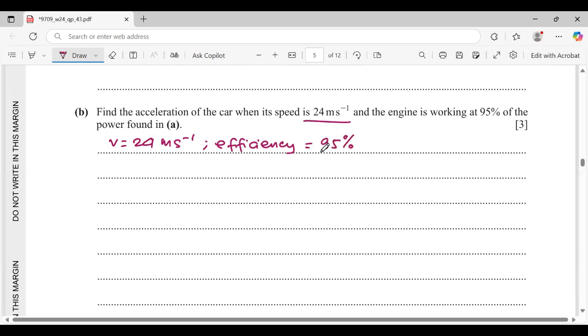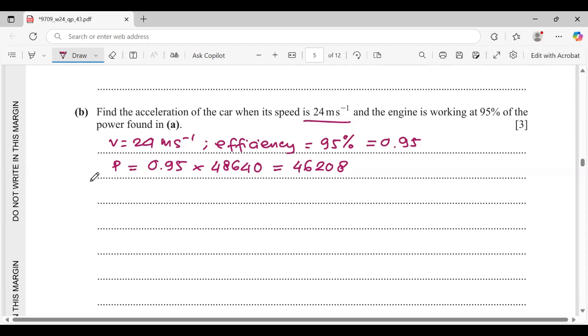It means power in this case becomes 0.95, which is 95 divided by 100, times the previous power, 48,640. And the result is 46,208.